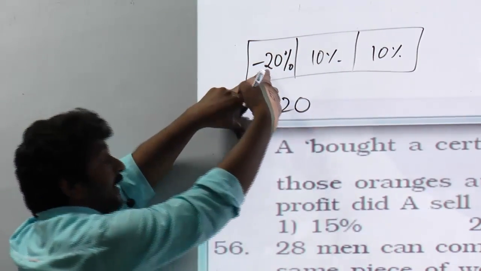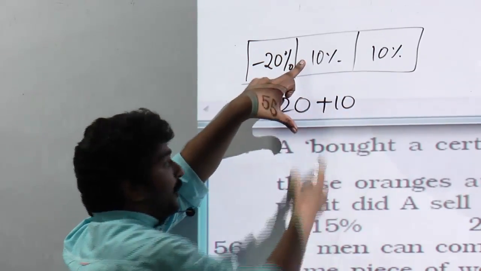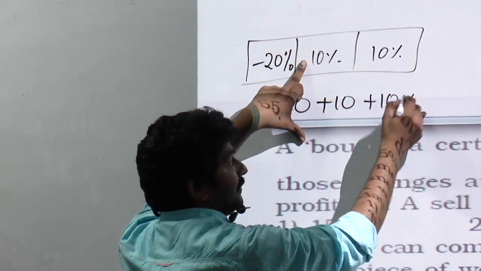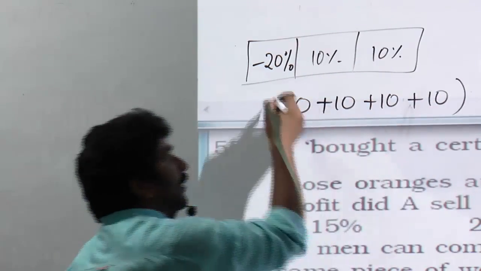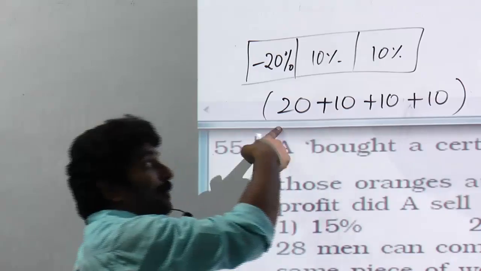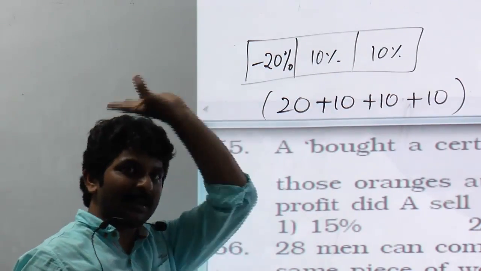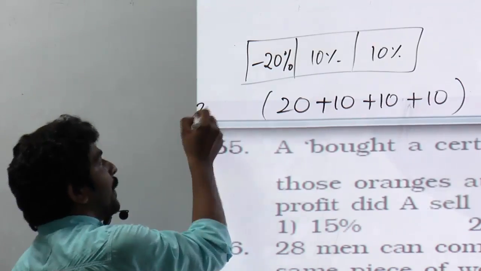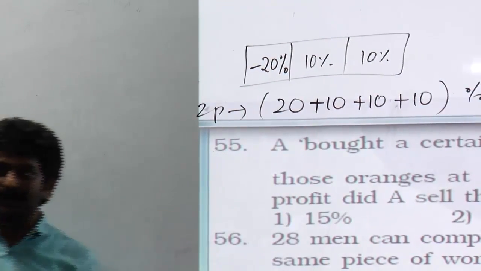And then you need to get 10% profit. And then the second item you need to get 10% profit. And then the third item also you need to get 10% profit. Total overall you need to have 50%. From how many parts? 2 parts. Because the first part is already sold out. From 2 parts you need to get 50%. From each part you need to get 25%.